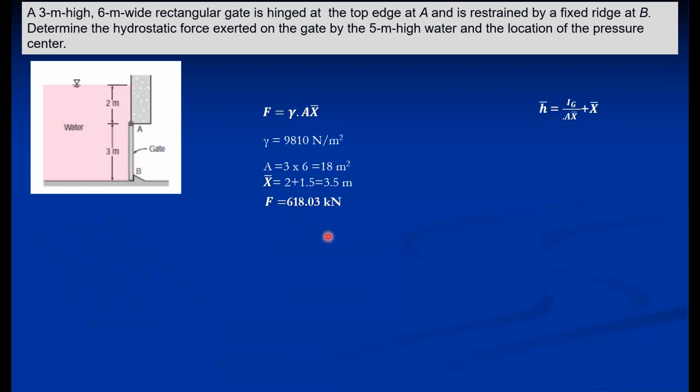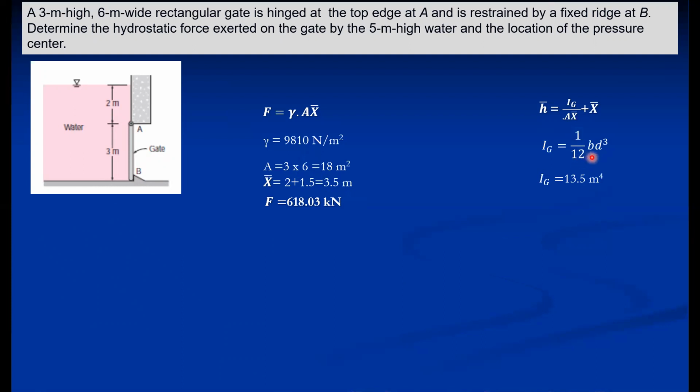And its point of application we can calculate by using h bar is equal to Ig upon x bar A plus x bar. Again, in this case, the b value parallel to the free liquid surface is 6 meter, and 3 meter is the height, that is d.